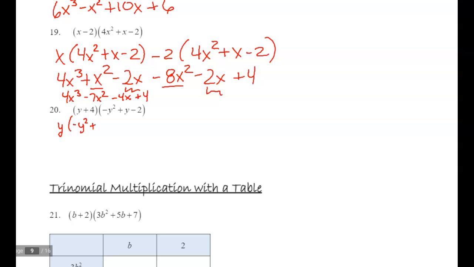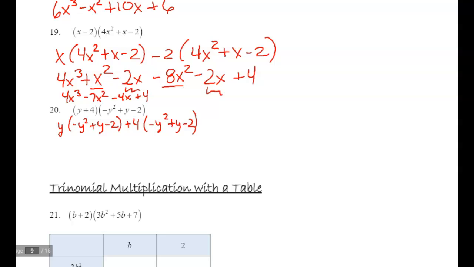So negative y squared plus y minus 2, and then I take my 4 and do this negative y squared plus y minus 2.